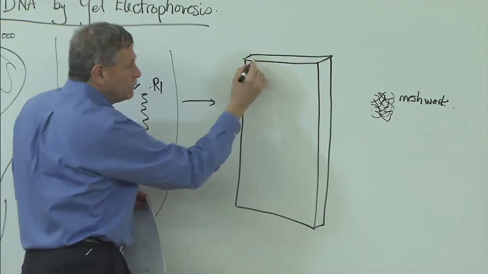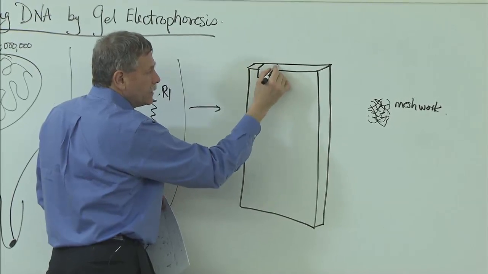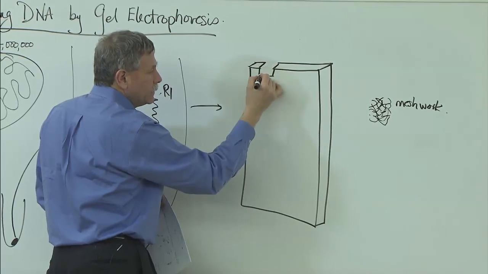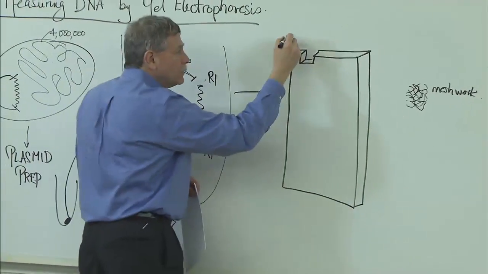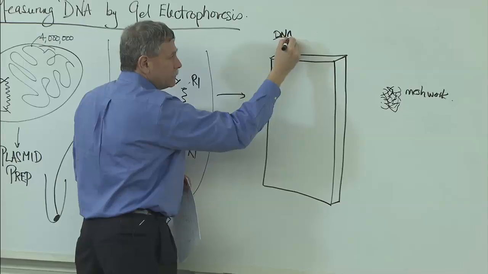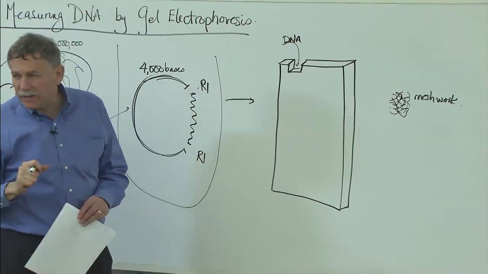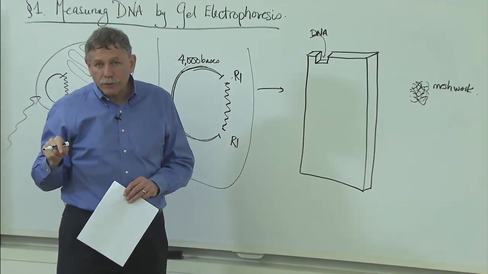If I had a little hole here, let's make a little hole at the top of my agar, and I were to put some DNA in here, and I were to turn on an electric field. Is DNA charged?